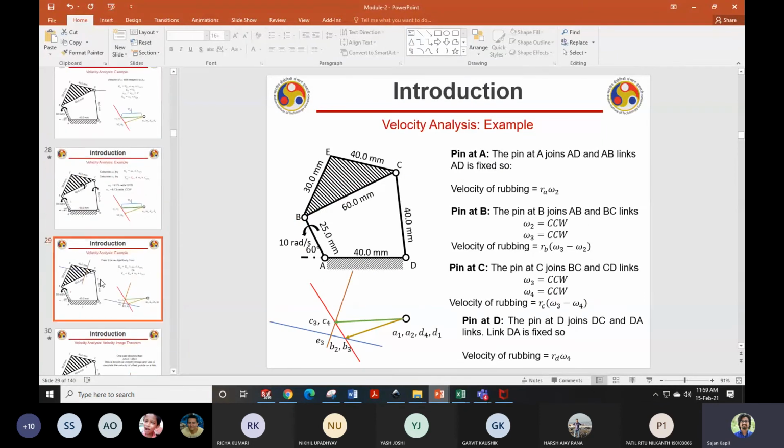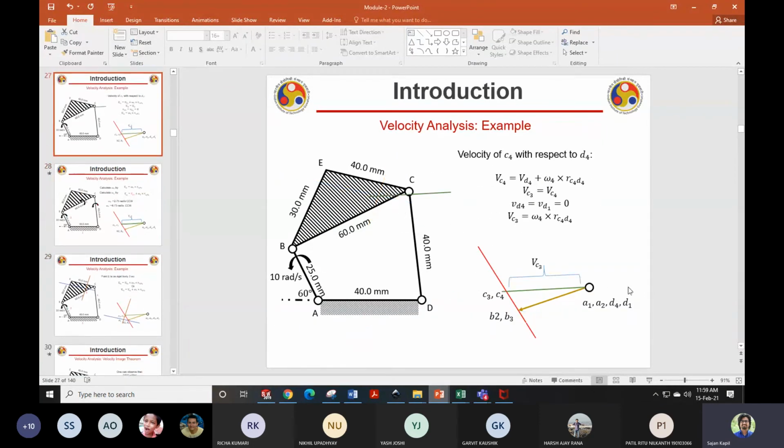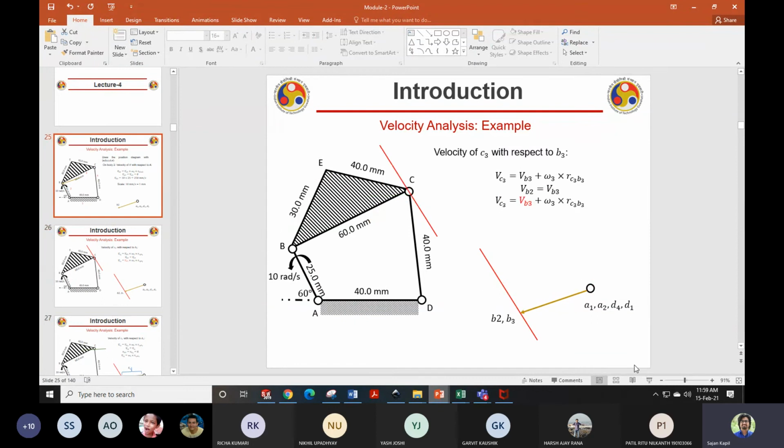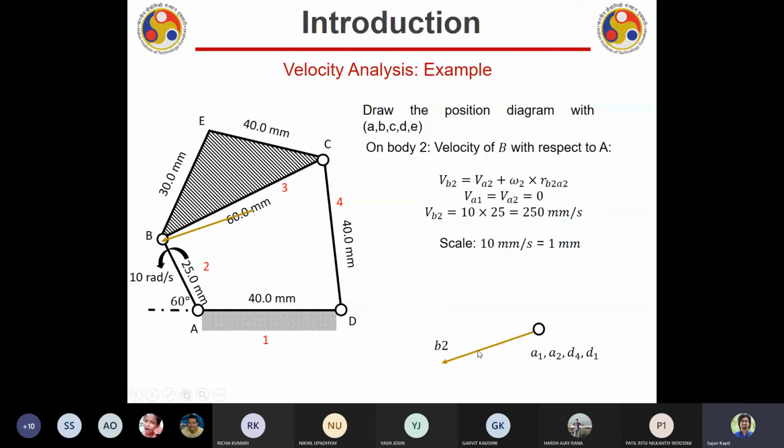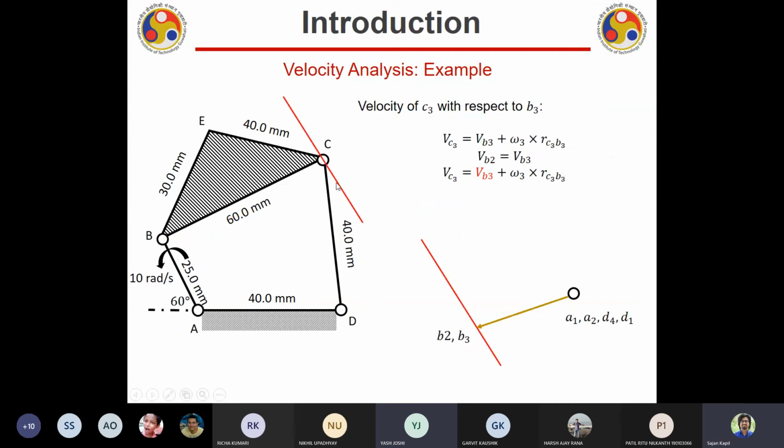Then you just look here at what we did. You remember this? We drew this line perpendicular to this. Correct? Oh, sir, I got it. Now we draw this red line passing through C3, perpendicular to this. Why did we do this? Because VC3 equals VB3 plus omega 3 into RC3B3.